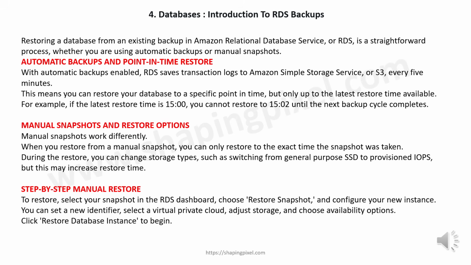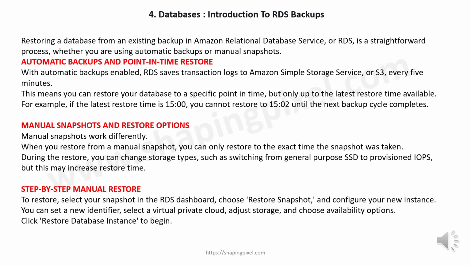This means you can restore your database to a specific point in time, but only up to the latest restore time available. For example, if the latest restore time is 1500, you cannot restore to 1502 until the next backup cycle completes.